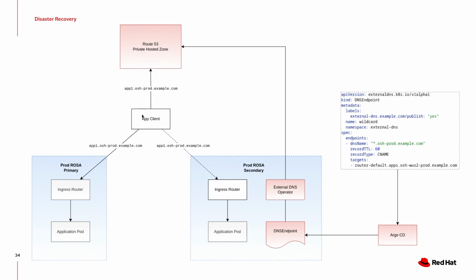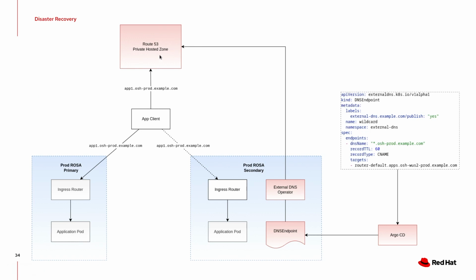Before it sends a request and opens a TCP connection, the client resolves the name of the application. Based on that, it will receive an IP address, which is the IP address of either the ingress router in the primary region or the router in the secondary region. After that, the client will just contact the given router and reach the application.